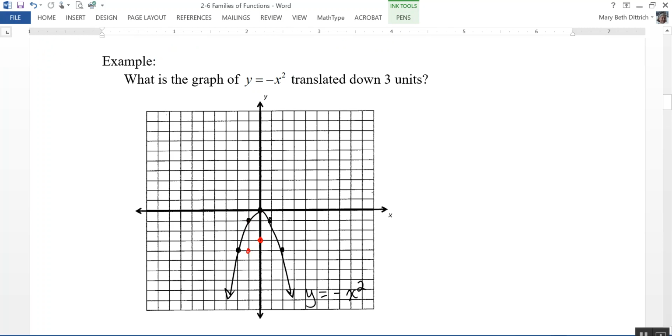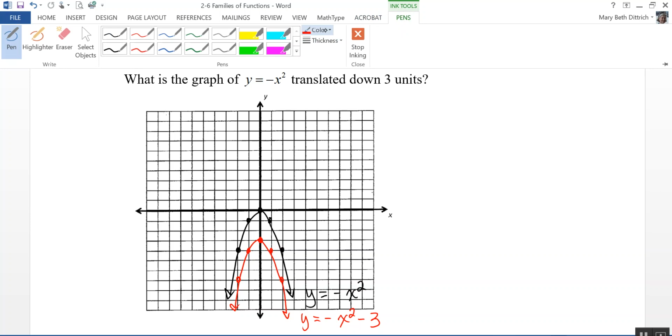Every point gets moved 3 units down, and it would look like that. And that's going to be the graph of the function y equals negative x squared minus 3. That's a vertical translation, an up or down translation, because it is outside of the function itself.